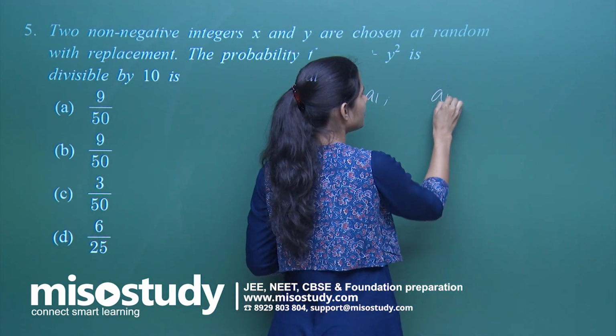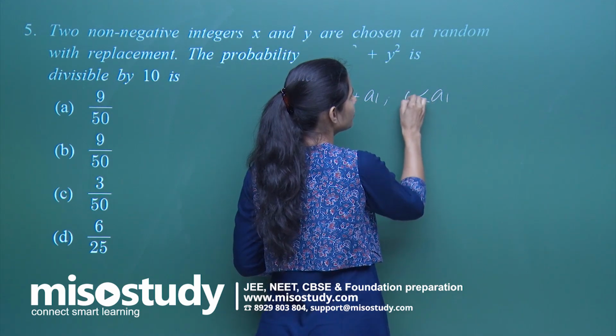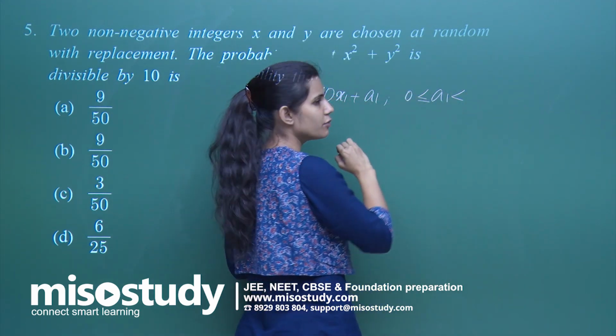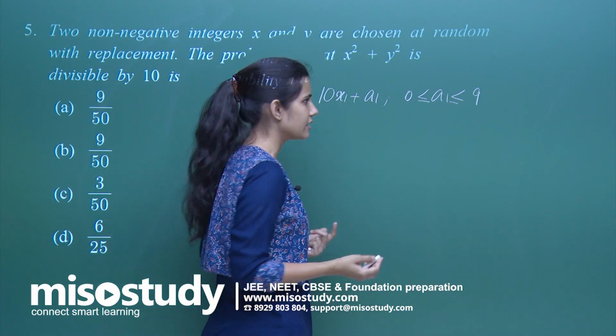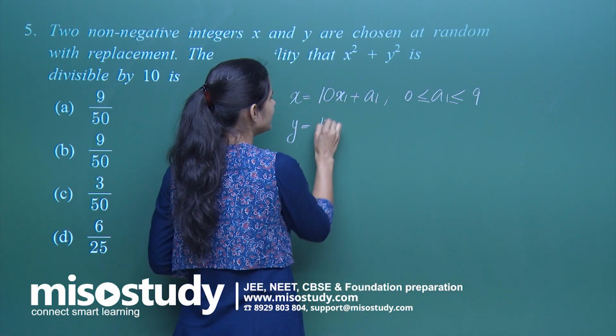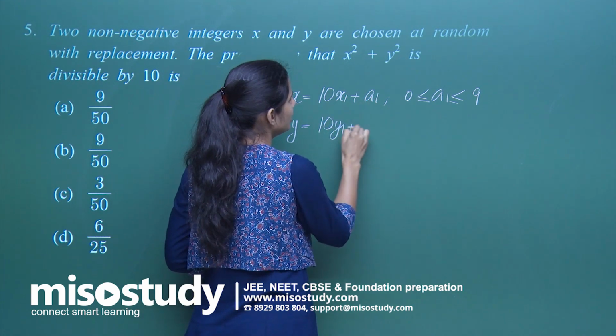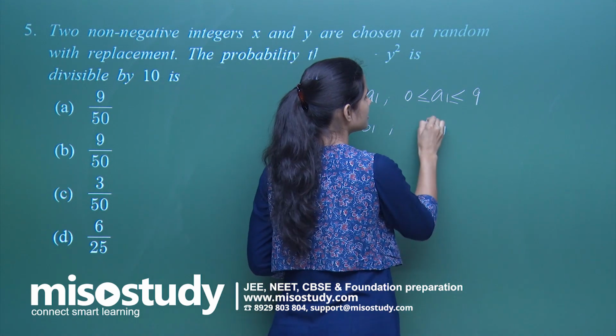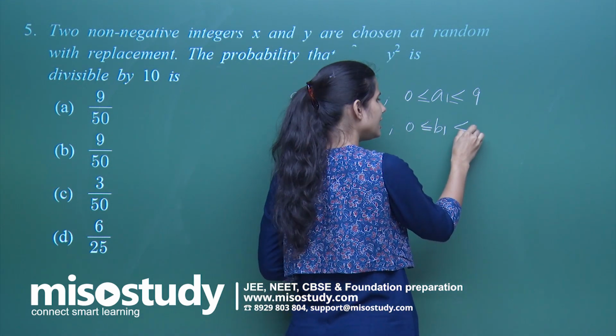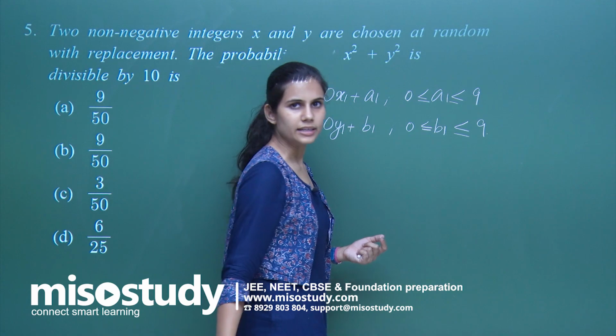What is the status of the remainder? a1 is greater than or equal to 0 and strictly less than 10, the divisor, or less than or equal to 9. Similarly, y, when you divide by 10, you get a quotient and a remainder, where the remainder is greater than or equal to 0 and strictly less than 10, or less than or equal to 9.